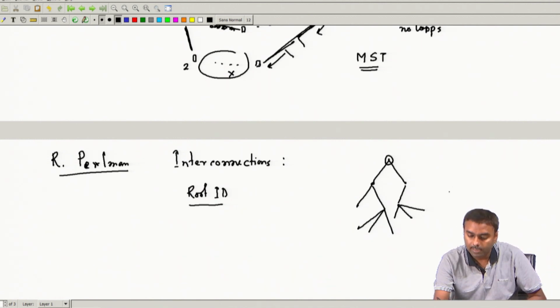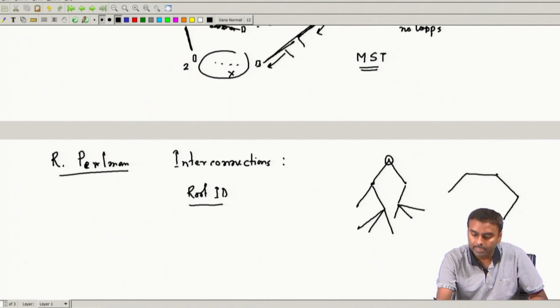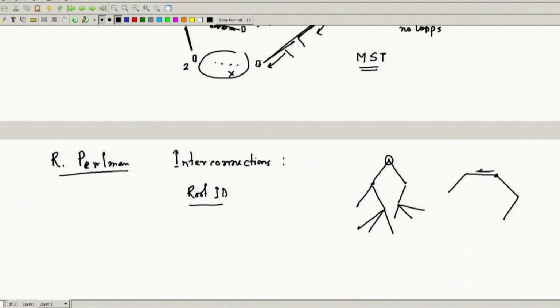Even a linear structure I can decide to be a tree: these two are branches, then it comes over here, from there another branch, and so on. It just keeps going from one branch to another, or leaf to another leaf. Therefore, there is a concept of root.